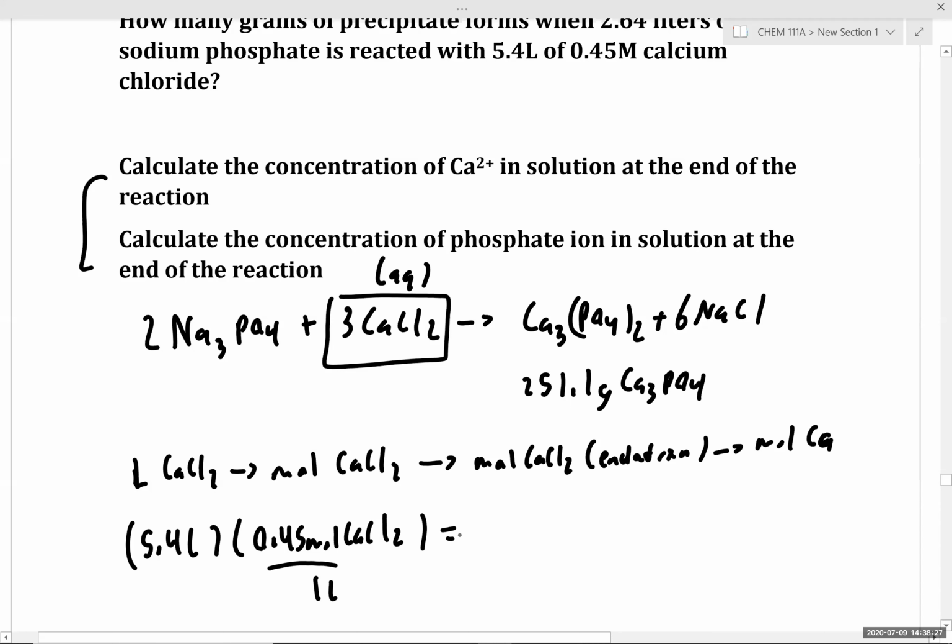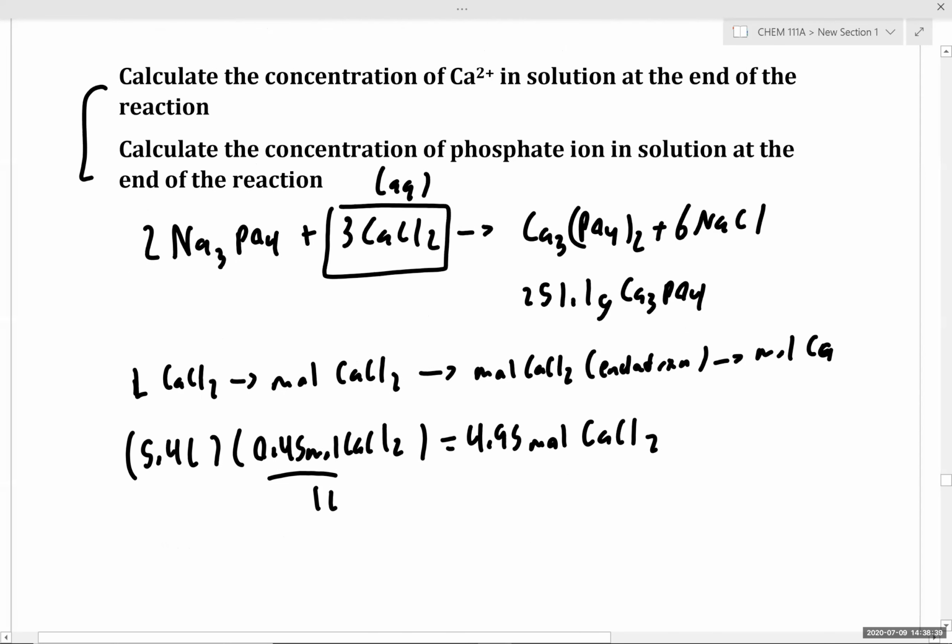And that in turn gives us 5.4 times 0.45, which gives us 2.43 moles of calcium chloride. Okay, we're now going to take our moles of calcium chloride and we're going to subtract the moles of calcium chloride required to make our product.